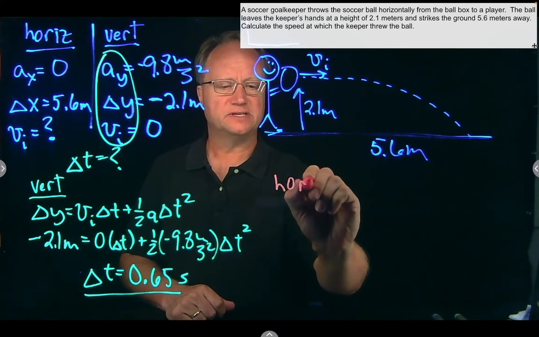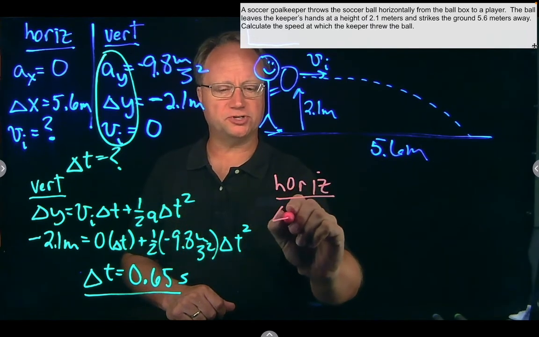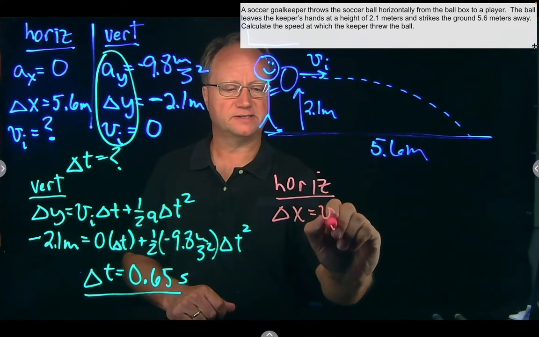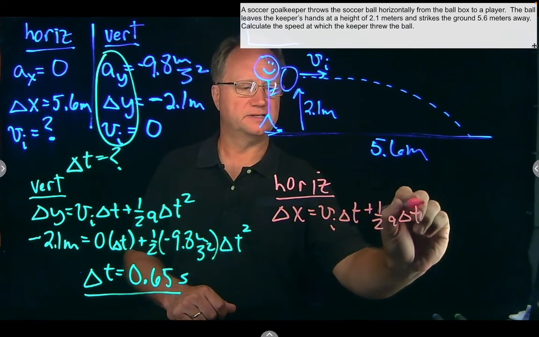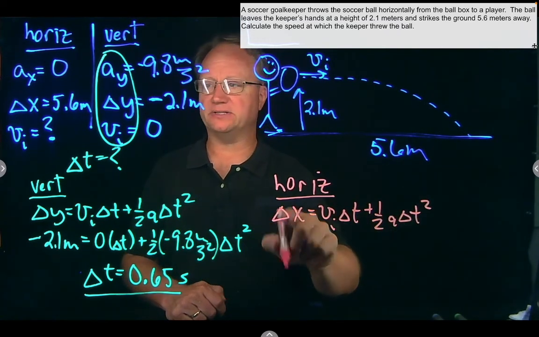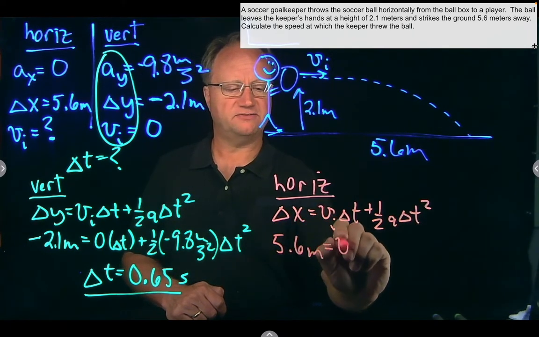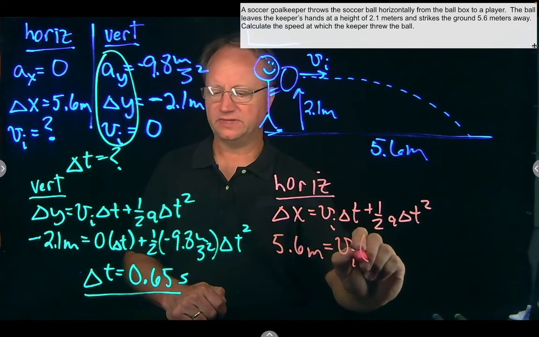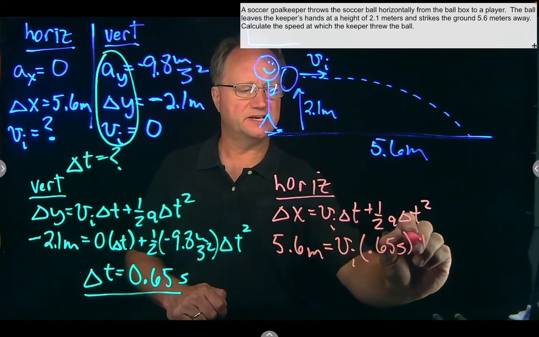Now we can pull that over and use that with our horizontal numbers to be able to calculate vi. So horizontally, we know enough to use the same motion equation. Plugging in values, my delta x is 5.6 meters. Vi is our unknown. Our time we just found, 0.65 seconds.